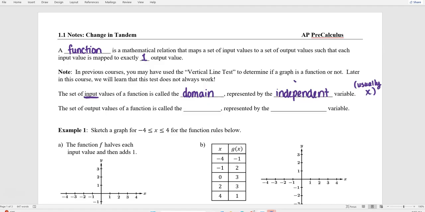Or when we get to the trig stuff, we'll see theta as the input value because we'll use that for the angles. So we don't want to limit ourselves too much to the X, but at the same time it is X a lot of times. The output values are called the range, and it is represented by the dependent variable, usually y, or they'll use function notation like f of x or g of x or h of x.